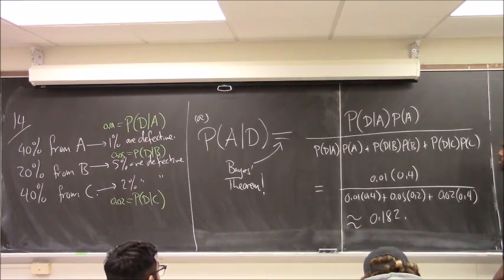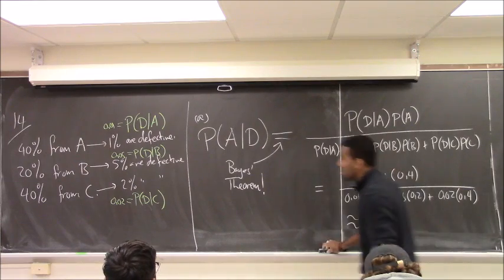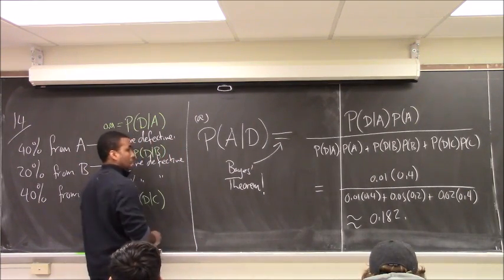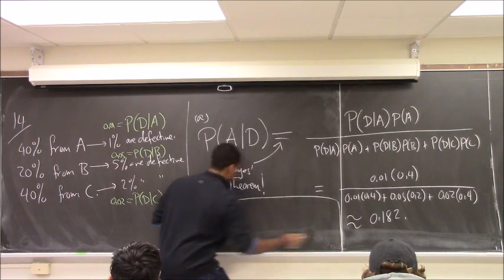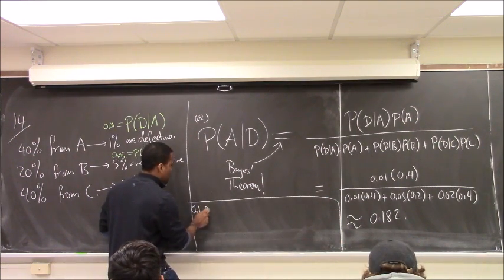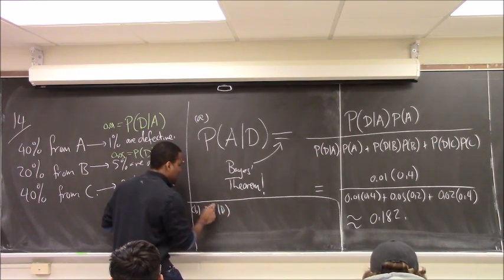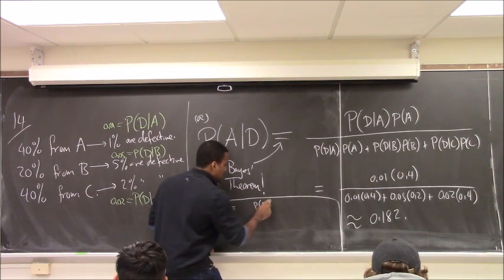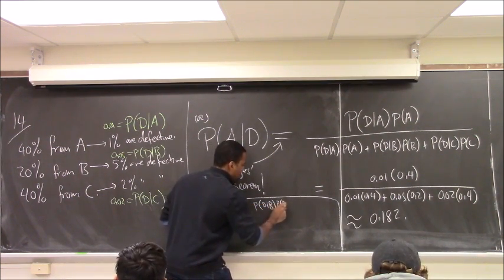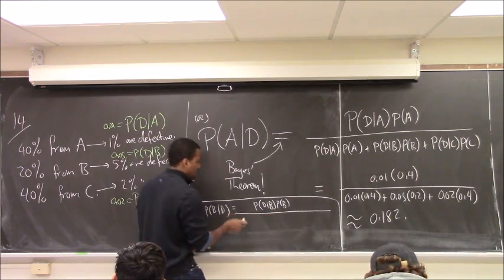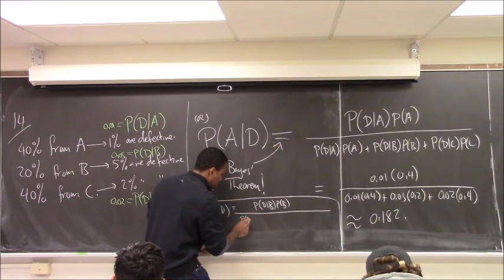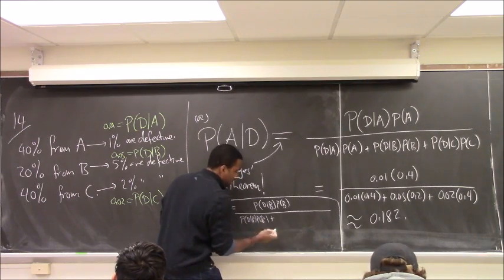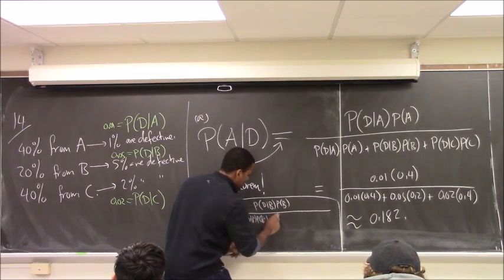And of course, part B is similar. What was the probability that given that it was defective, it came from B? Well, that's just going to be the probability of D given B times the probability of B, over the probability of D given B times the probability of B plus the probability of D given A times the probability of A plus the probability of D given C times the probability of C. I mean, this one question asks you about all of them, but of course I would only ask you one of these questions.